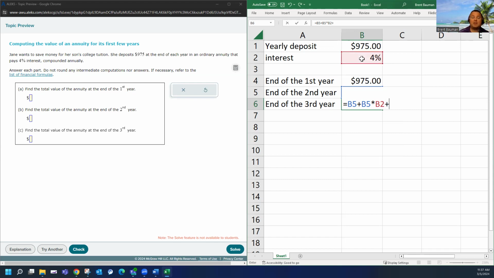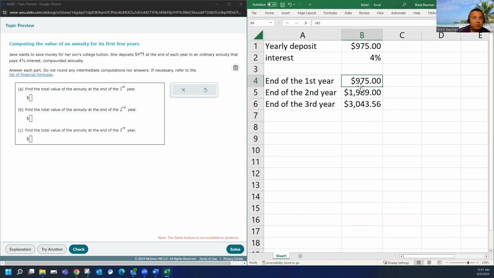Then we're going to make another deposit. So you have the previous balance plus the previous balance times the interest, so you can figure out how much interest you can earn, plus a new deposit. Again, the interest is not applied to that new deposit. So you can see how it's growing here.